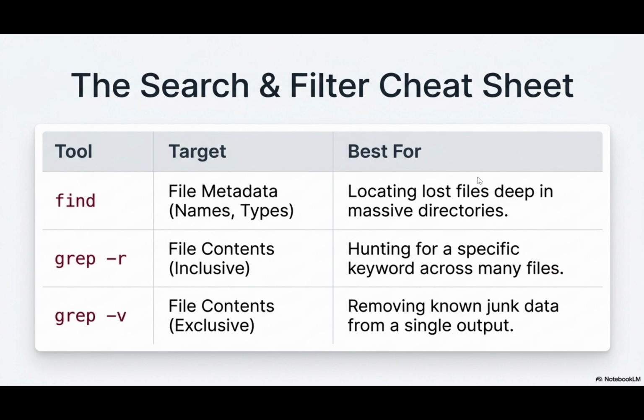Apart from that, for grep -r, just remember -r is recursive, and the term recursive is very useful when we are digging into multiple directories and multiple layers inside them. Apart from that, grep -v is also useful, and it is very powerful in reducing the noise, clearing out and removing the junk data.